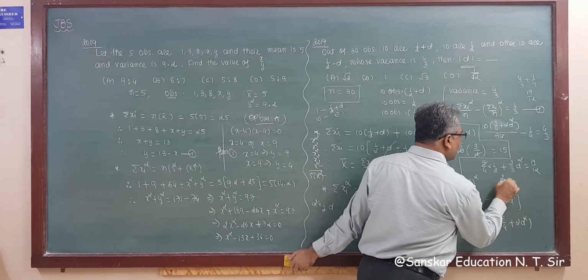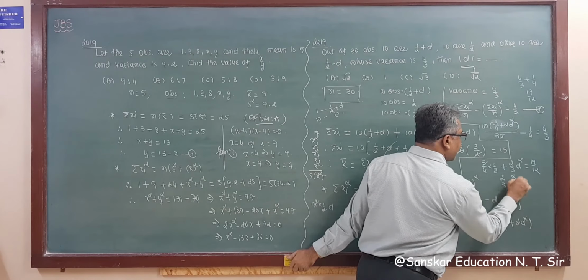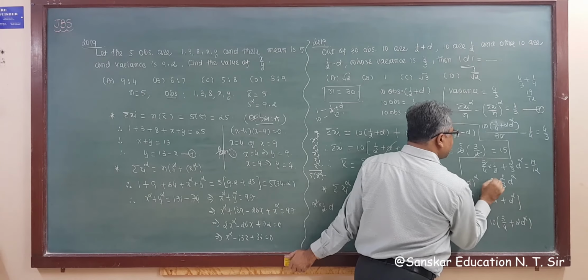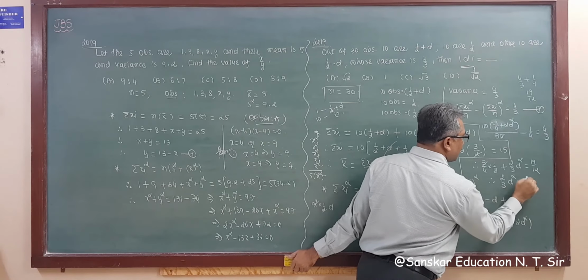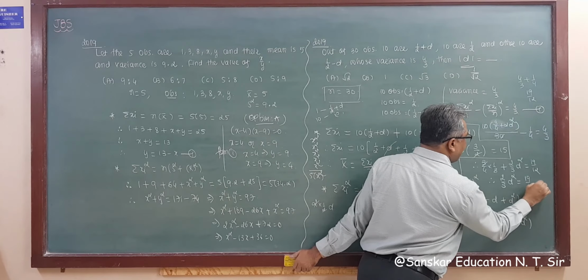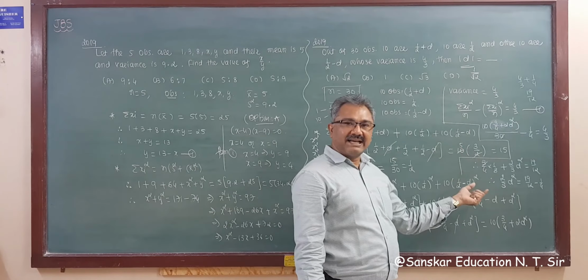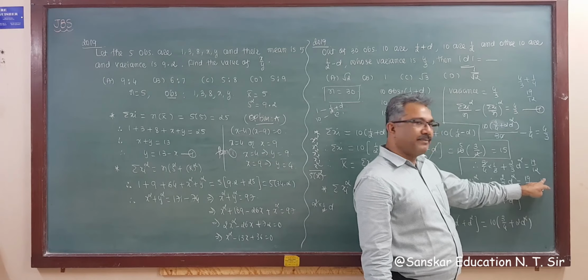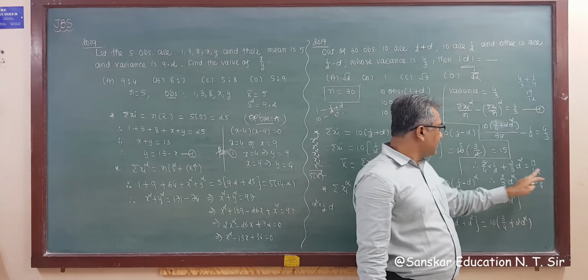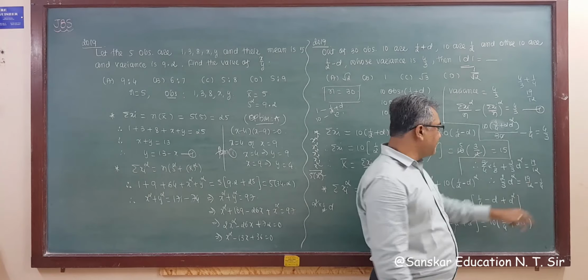So 2 by 3 d square is equal to 19 by 12 minus 1/4. Taking 12 as LCM, we multiply by 3 here, so 19 minus 3 is 16 by 12.